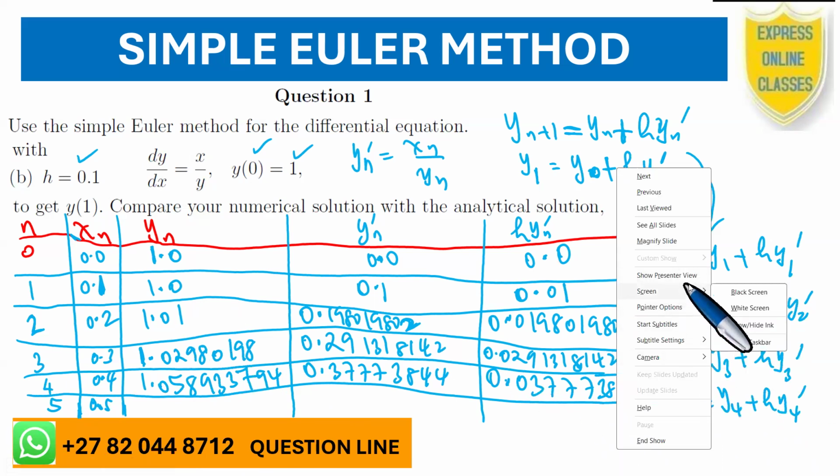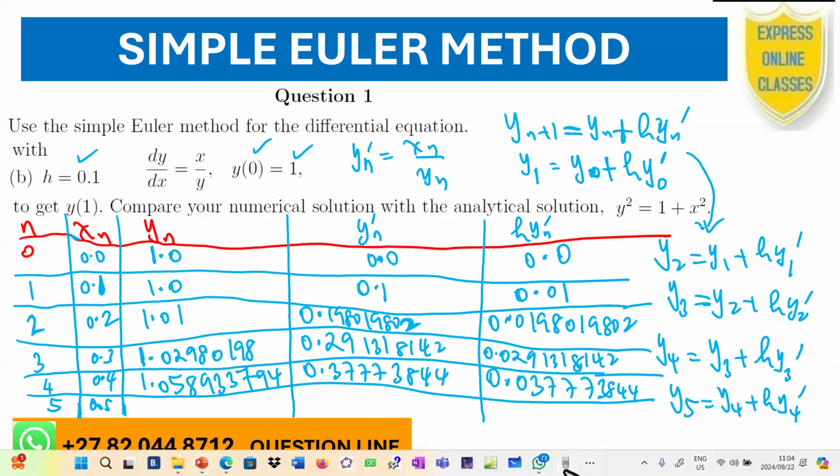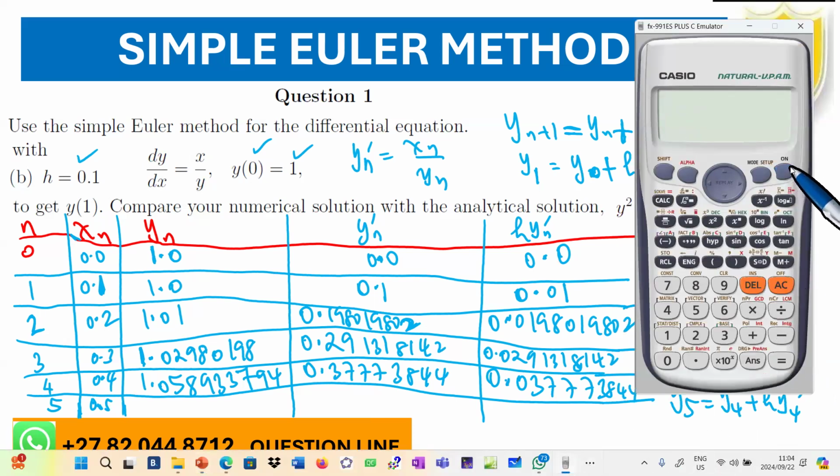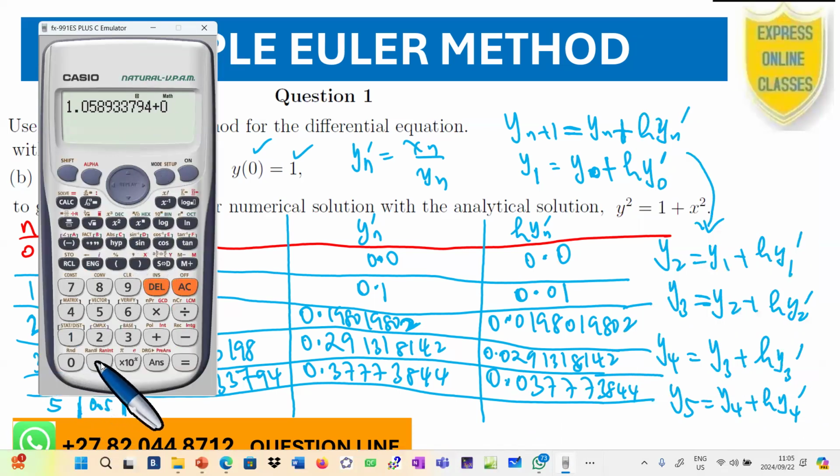So Y4 is 1.058933794, plus this one, 0.03777 3844.